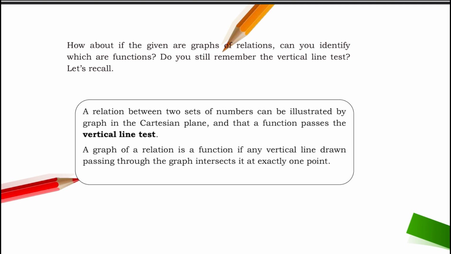A relation between two sets of numbers can be illustrated by a graph in the Cartesian plane, and a function passes the vertical line test. A graph of a relation is a function if any vertical line drawn passing through the graph intersects it at exactly one point. Let's try.